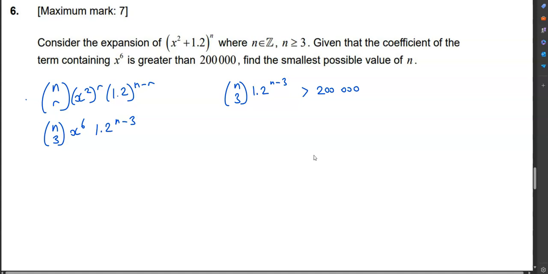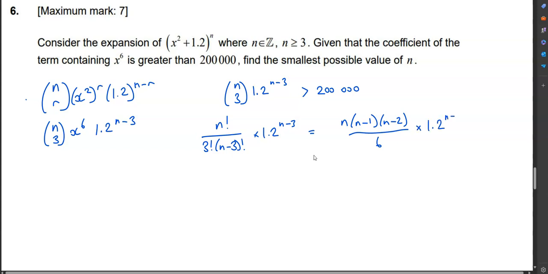I suspect our calculator will let us get away with it, but let's just do this anyway. n factorial over 3 factorial, n minus 3 factorial, times 1.2 to the n minus 3. If we imagine expanding the whole top, n, n minus 1, n minus 2, n minus 3, we would end up with n, n minus 1, n minus 2, with the n minus 3 all the way down cancelling, divided by 3 factorial, which is 6, times 1.2 to the n minus 3. And that is the thing we want to be greater than 200,000.